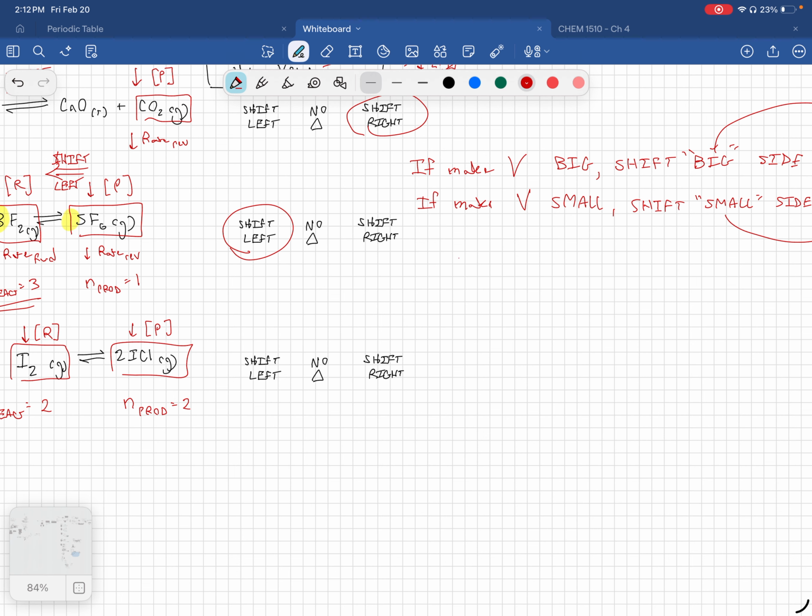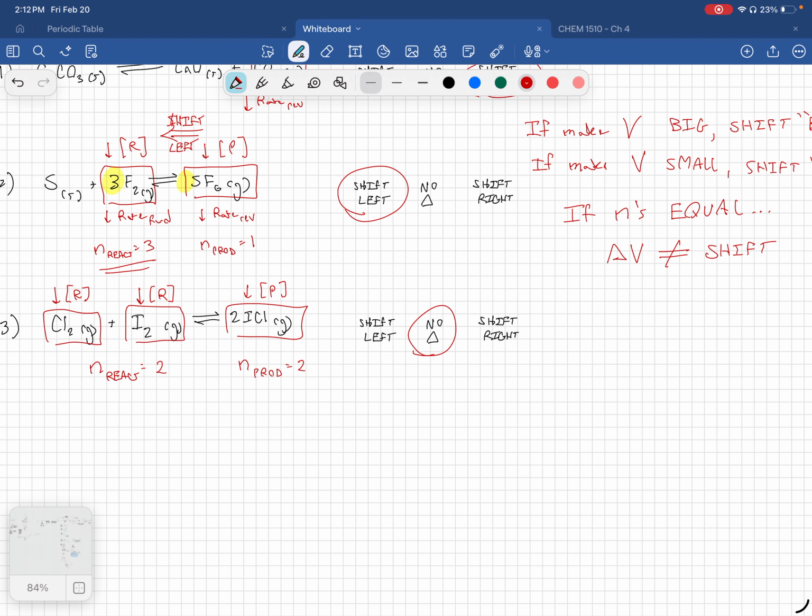Okay, if N's are equal, then a change in V does not cause a shift. In other words, we will not see a change because we have the same relative number of gas particles on both sides, so changing the volume changes both rates to the same degree.